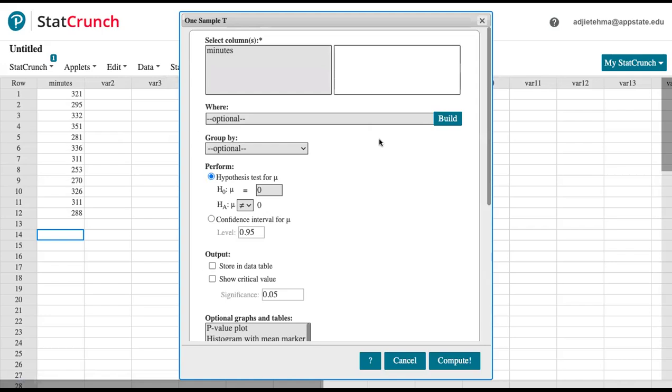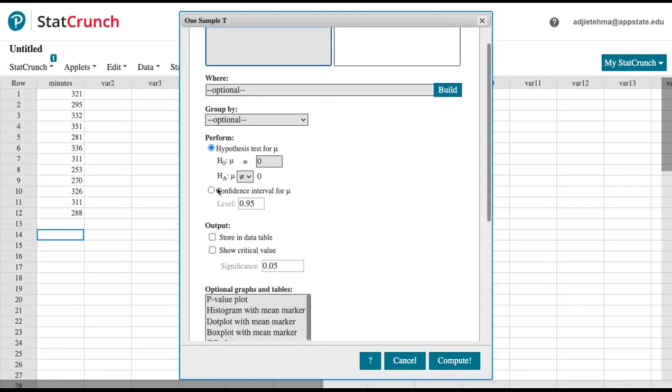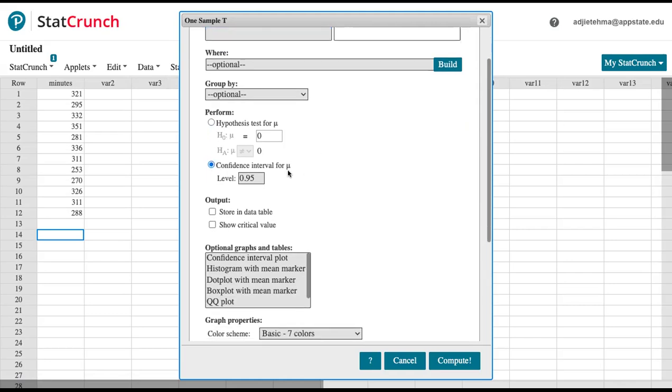And so there we go. And then we select the column where we inputted our data. For me, I changed the name to be minutes. If it didn't change yours, it's going to be like var1. So you select that column and then you come down. We want the confidence interval. Is that okay? And so you have to change the confidence level. In this example, the confidence level is what? 99. So you change yours to be what? 0.99.